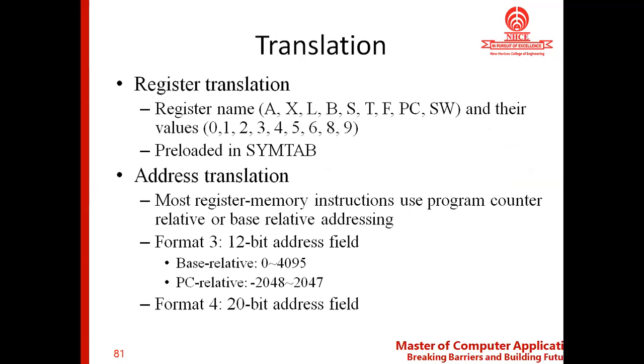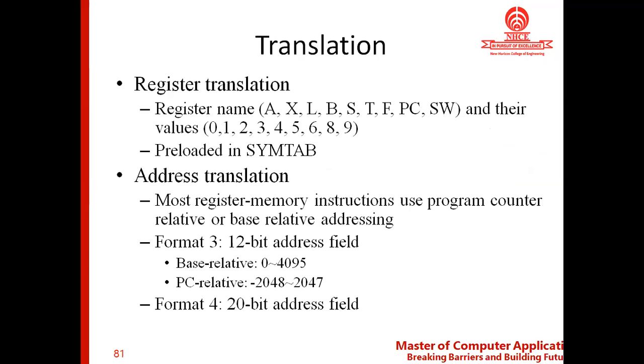So when you have the registers, as we have seen in the beginning of the previous sessions, each and every register has a corresponding number. For example, the A register is represented by 0, the X register by 1, and so on.